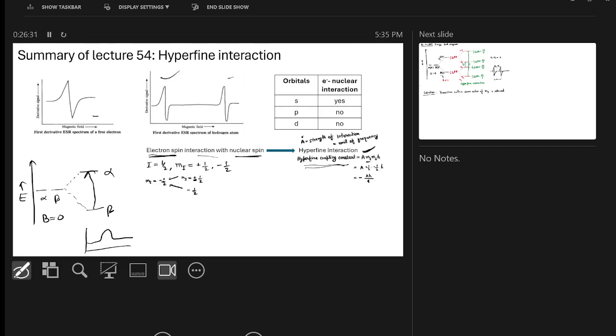Mi is related to the spin of the nucleus, and Ms is related to the spin of the electron. The nuclear spin we are considering plus half, and the electron spin, let's say beta, minus half.